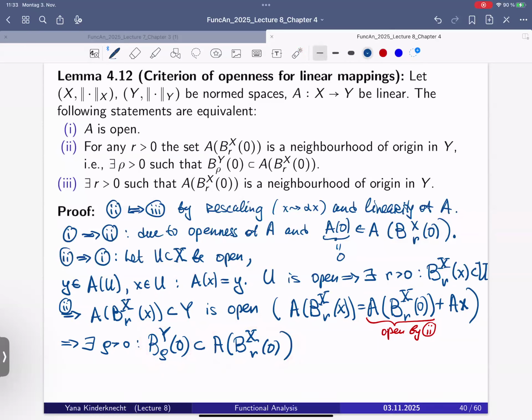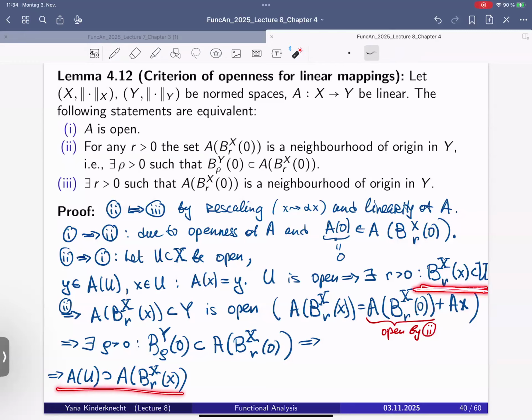So what do we have? Let me write it down here. A of U contains A of B_R(x), because we have this inclusion.